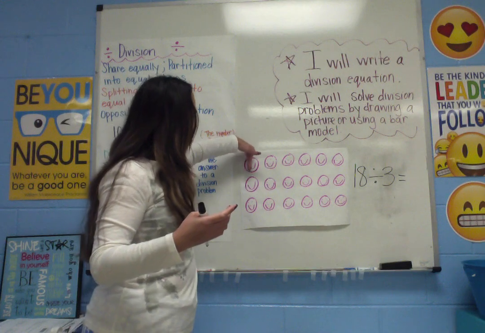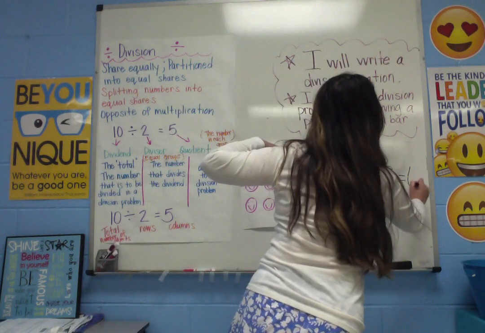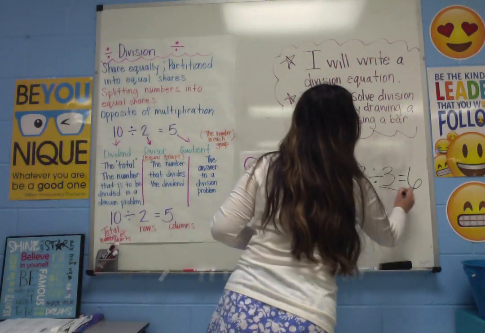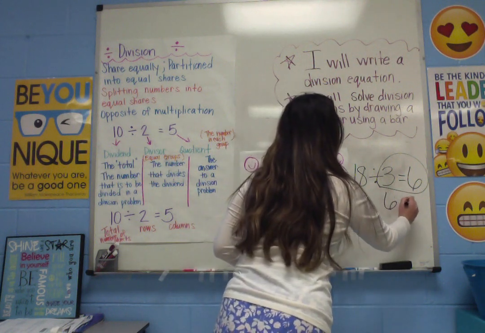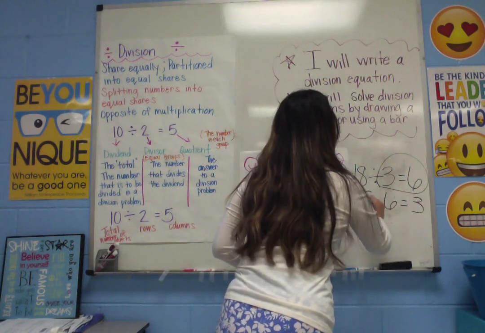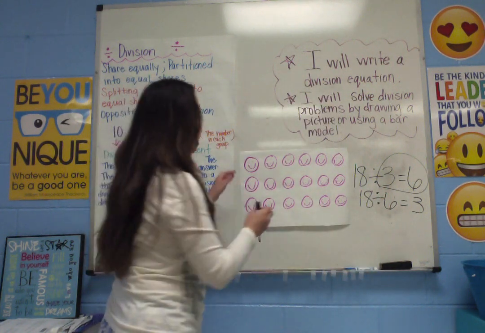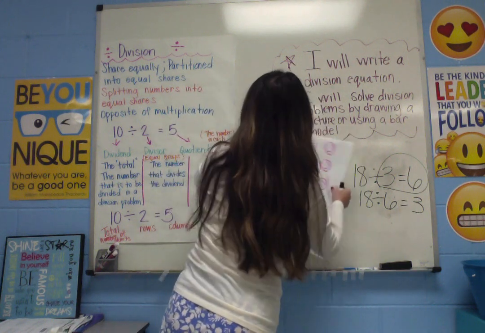Let's count. 1, 2, 3, 4, 5, 6. And you're learning that in division, we can flip the divisor and the quotient. So we can say 18 divided by 6 rows equals 3. Let me turn my array and show you that.